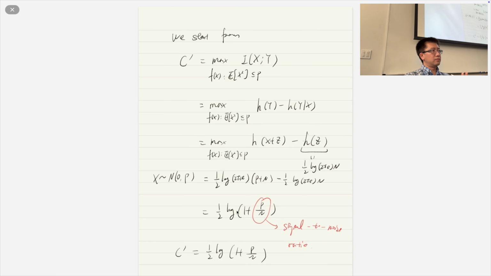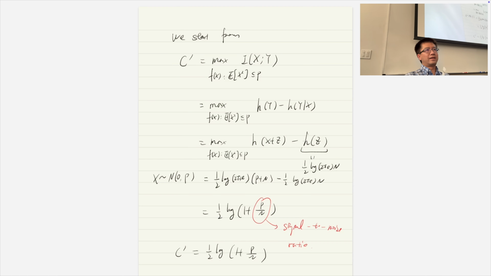The other remark is that this can only be achieved by a Gaussian distribution for x. If x is not Gaussian, this is not precise. In practice, x is not Gaussian.